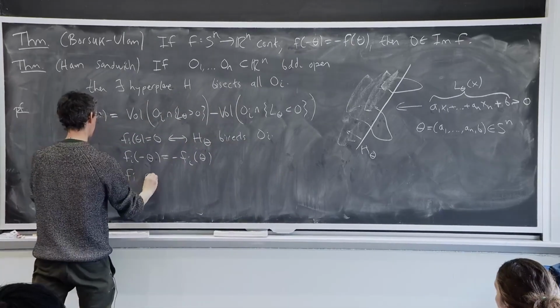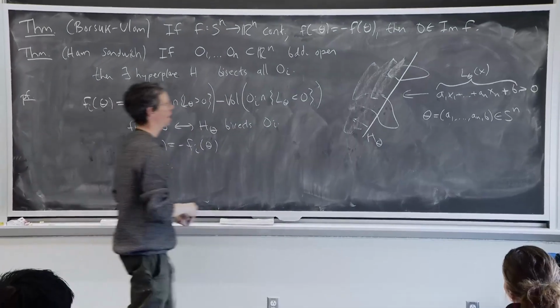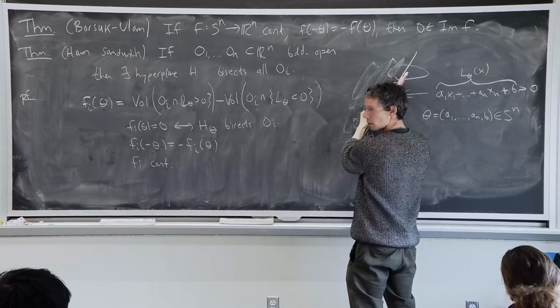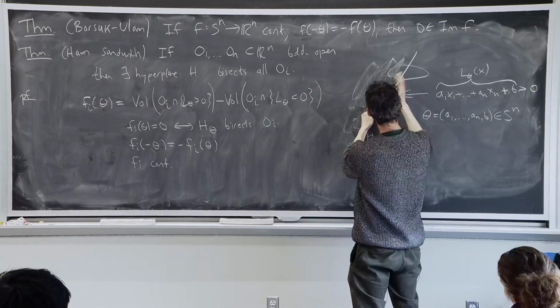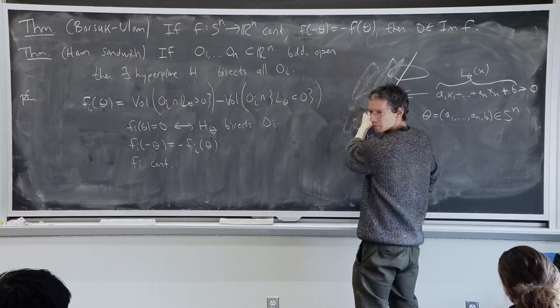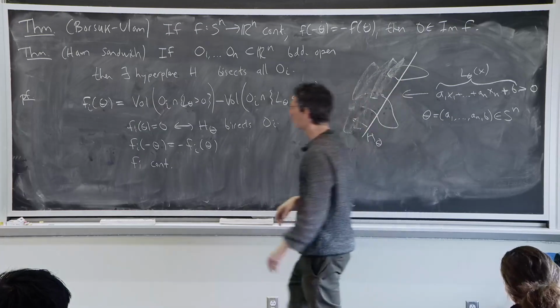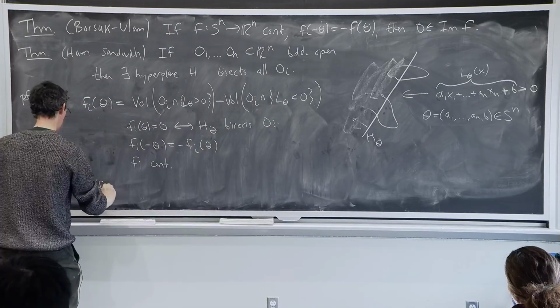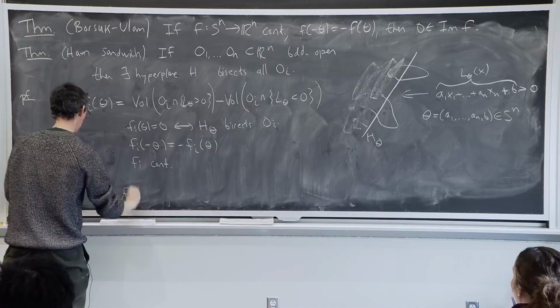OK. Fi is also continuous. So if I adjust theta, then I'll make a small motion of this plane. And that will change these volumes, but only continuously, because the sets are bounded and open. OK. So finally, I'll make f by just putting together all these Fi's.